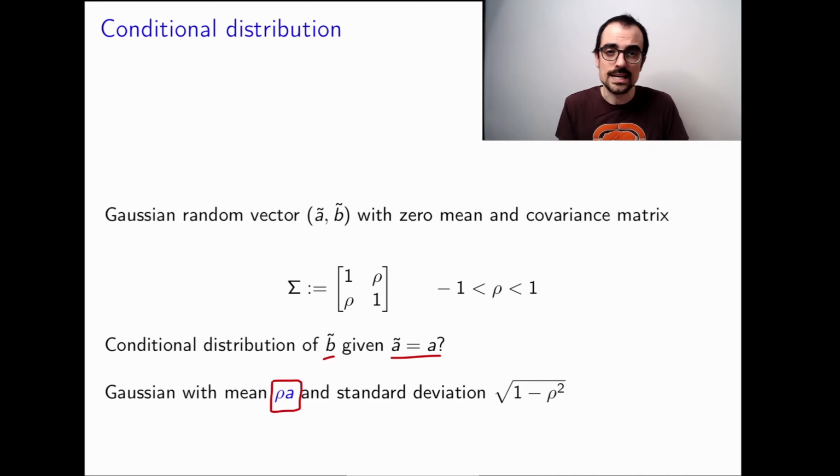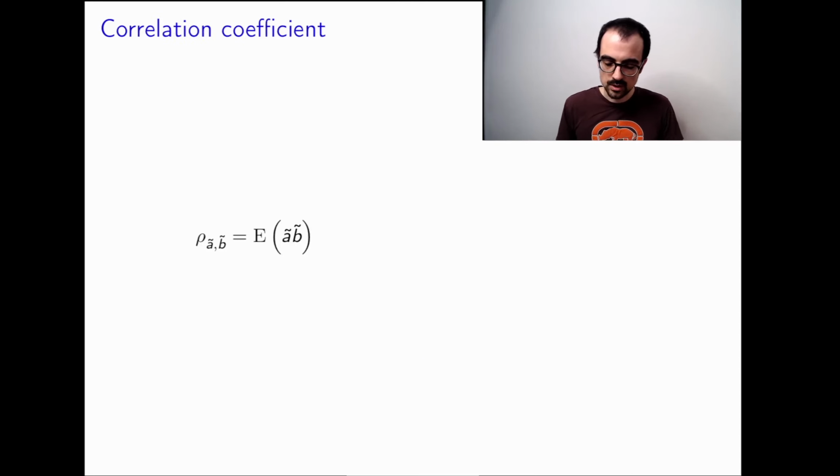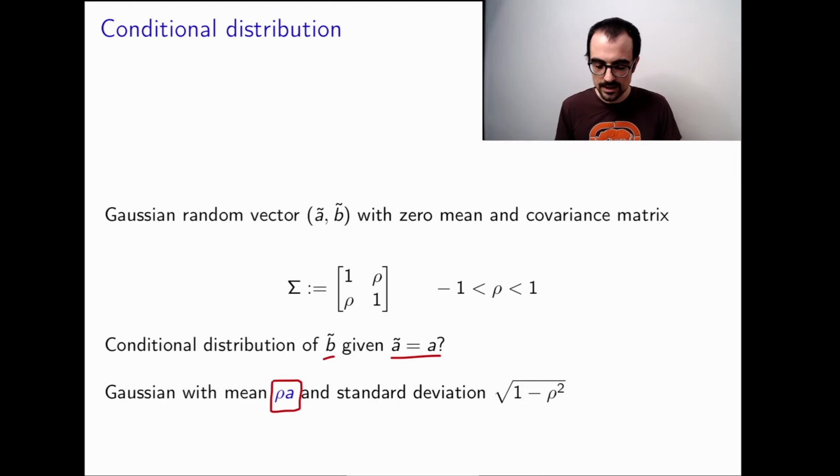And this is also going to be a nice example of how to use iterated expectation to make complicated calculations pretty easy, if you have access to conditional distributions. Okay, so we want to determine the correlation coefficient between A and B, where A and B form a Gaussian random vector with zero mean and this covariance matrix.